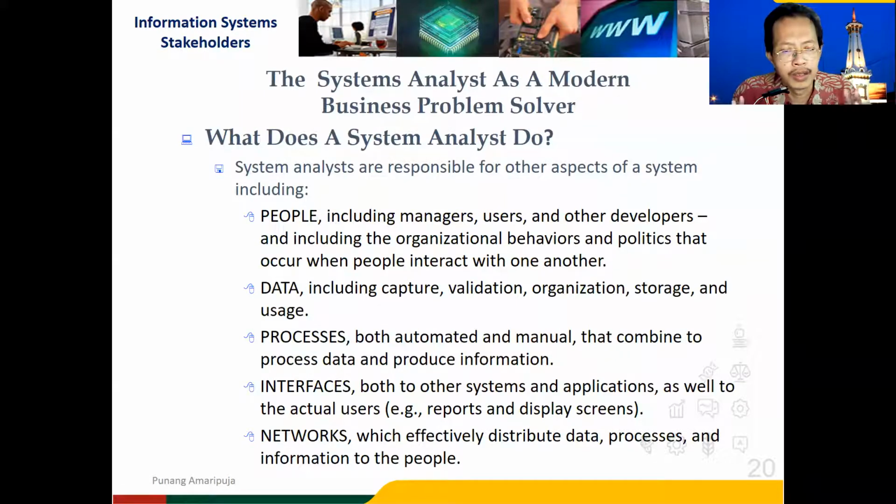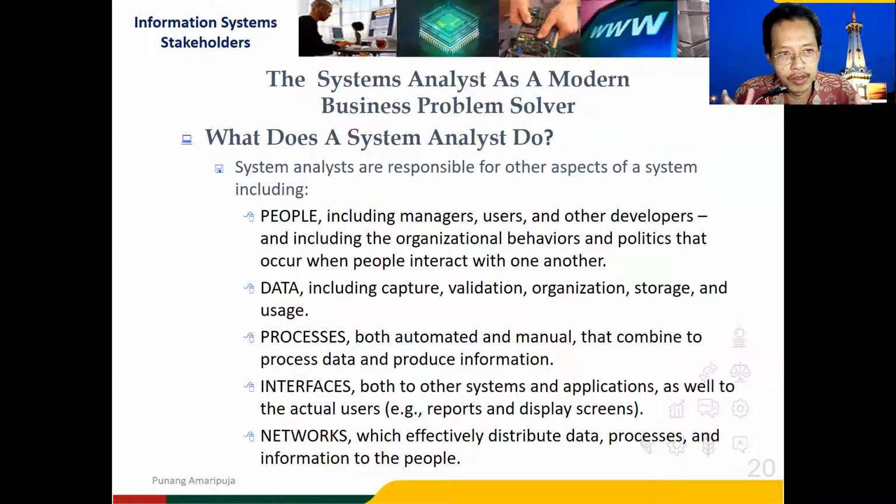Now, the systems analyst would not just be focusing on just one aspect. They would be focusing on 5 different aspects of systems development. First, they need a focus on people, a people focus.